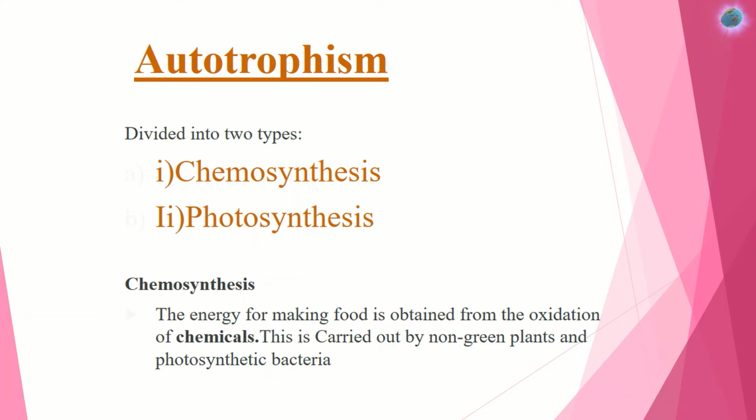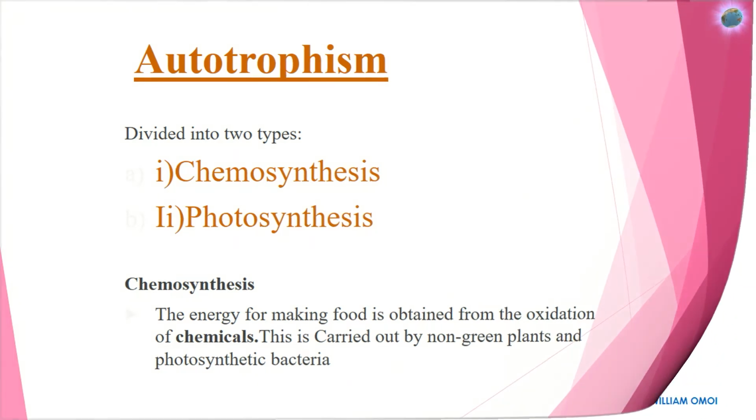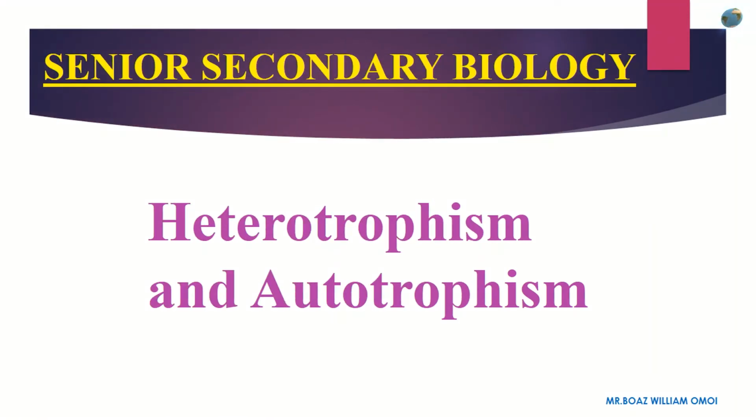Very, very important. Now, students, if you have understood those two types of autotrophism, I want us to move on and talk about the other mode of nutrition, which is called heterotrophism. Now, usually in the examinations, you'll be required to distinguish autotrophism from heterotrophism. So what is this that we are talking about? What is heterotrophism?